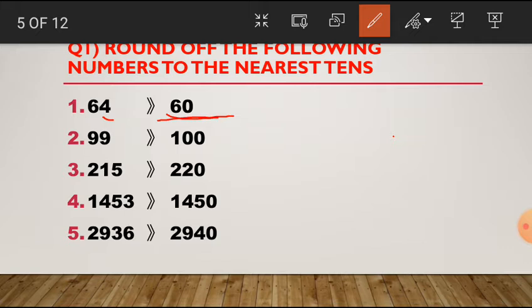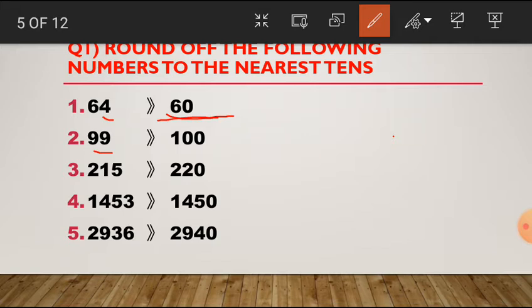Now look at the next one. It is 99. Here the ones place digit is 9. It is greater than 5, isn't it? So we have to apply the second rule. According to the second rule, we have to replace the ones digit by 0 and then add 1 to the tens place number.